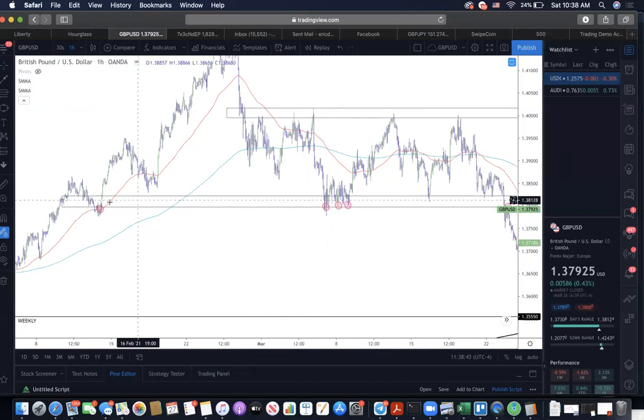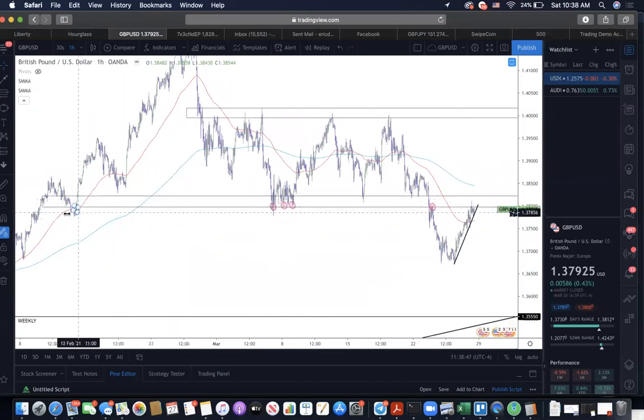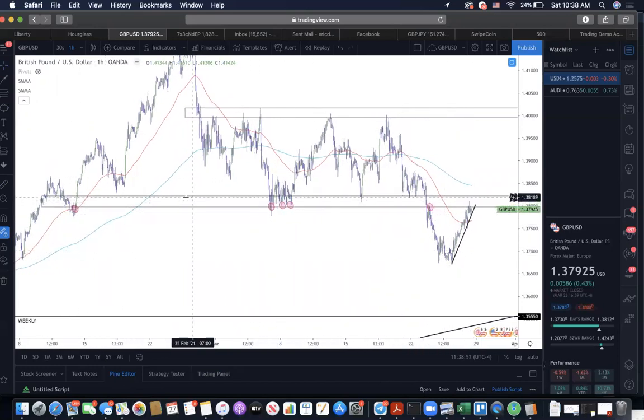So this zone is very, very important. As you guys can see, this zone has rejected. Well, it held, I would say. It held here, it held here, it held here, and it finally broke through, and now it's coming back.